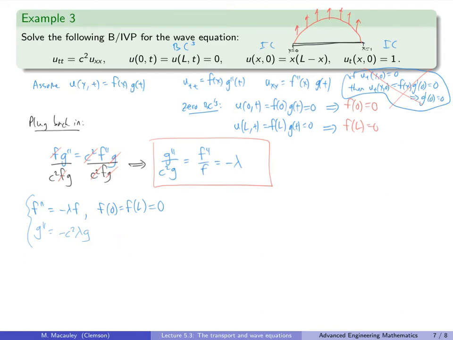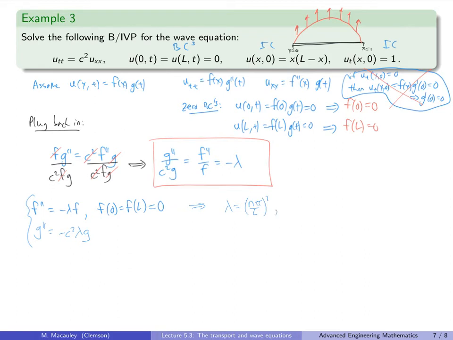Okay, so we know how to solve these. This first one we are very familiar with. Again, if you have not watched the lecture on boundary value problems, please do that. So we know that lambda equals (n pi over L) squared.